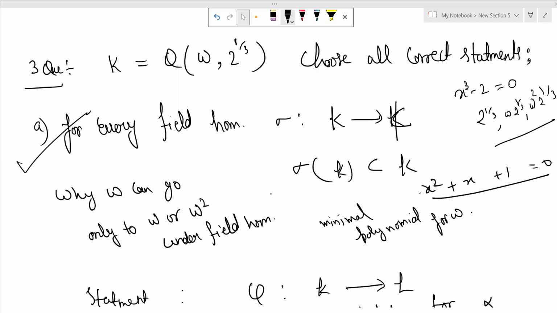Basically, I explained why it is true. Is the explanation clear or not? Yes, sir, got it. Mayank, is this clear? Yes, sir. Muthukumar, is this clear?